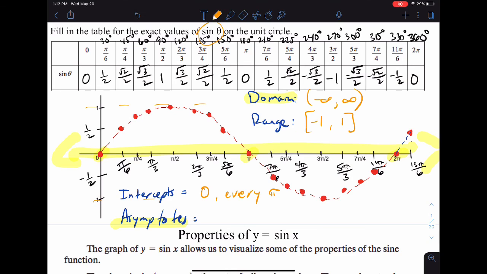So for this, there's going to be no vertical asymptotes. But there are horizontal ones. Horizontal go with the range. It can't go above 1 or below -1, so we're going to have y equals -1 and y equals 1. Because it's never going to go above 1 or below -1.